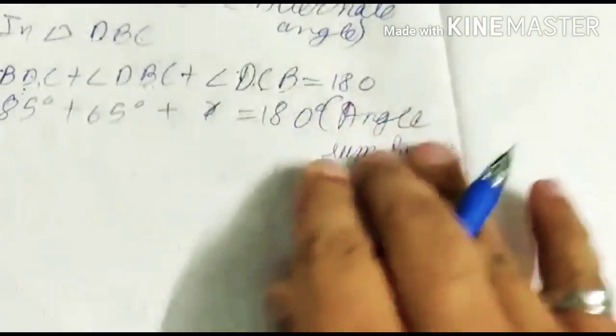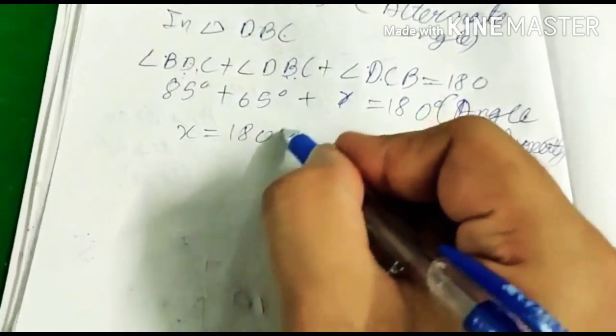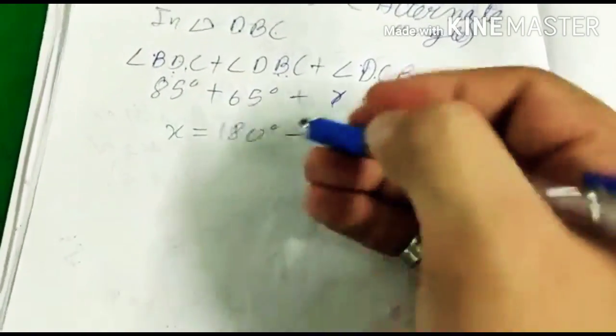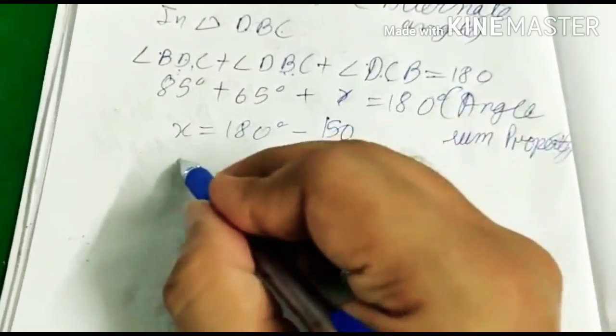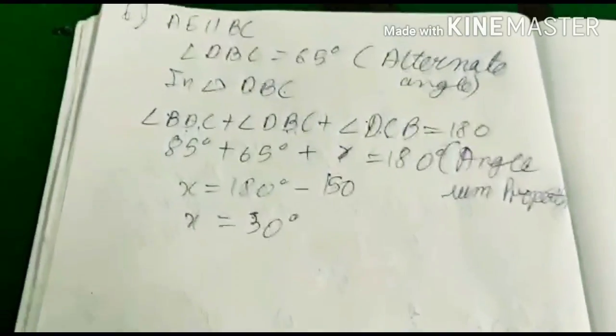So x equals 180 degrees minus 150 degrees. So x equals 30 degrees. This was the second question.